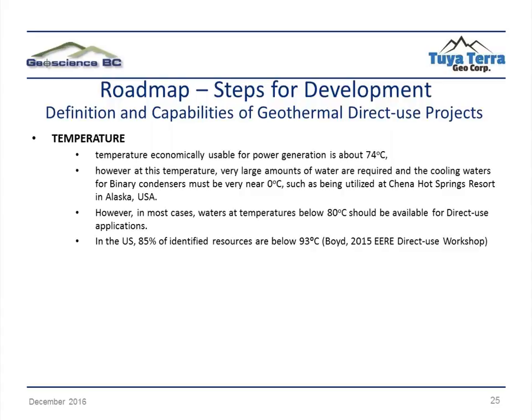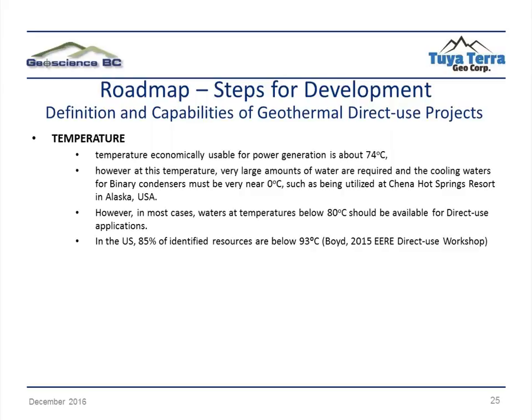But we have to remember that these will be binary plants, so we're using that heat to boil a secondary fluid. So these are different kinds of applications or different kinds of development than a typical flash power system.